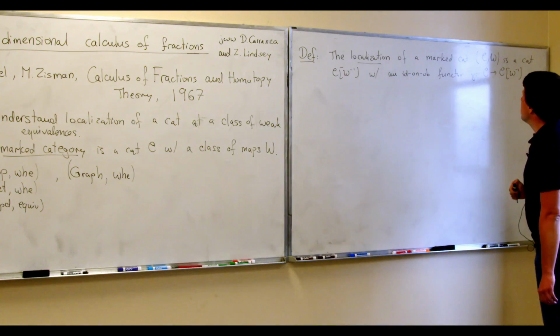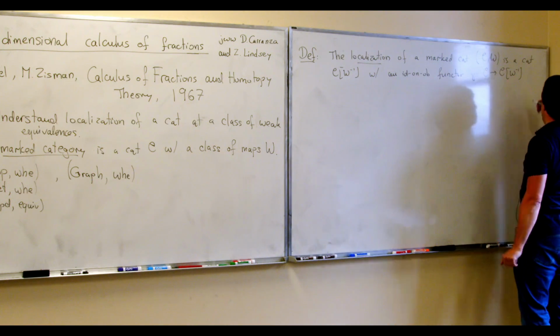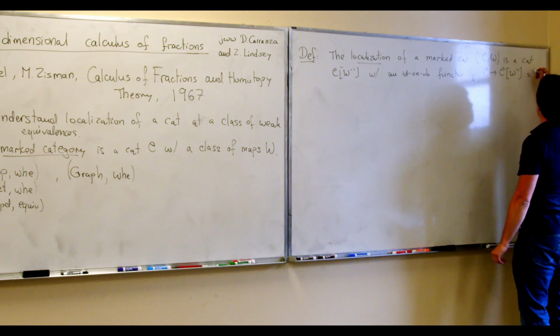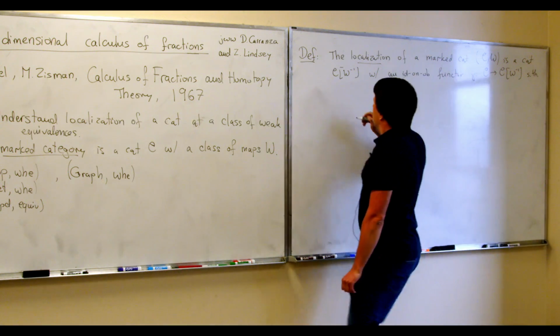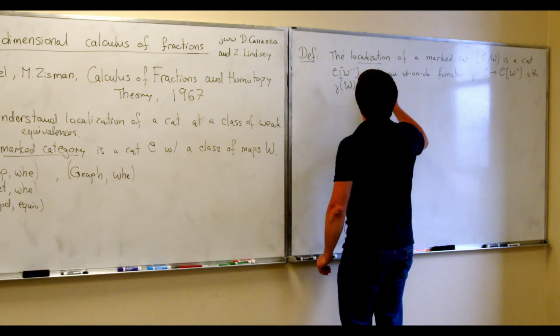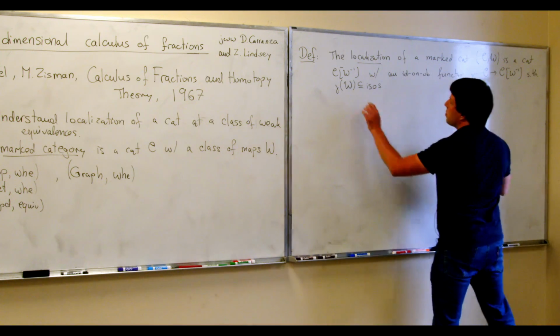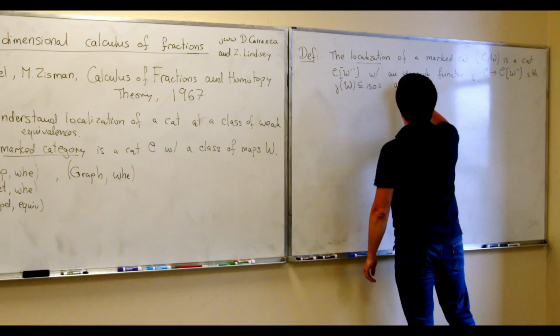Now this functor has to have the property that it inverts all maps from W, such that gamma of W is contained in the isomorphisms of this category, and moreover, it is universal among such functors.